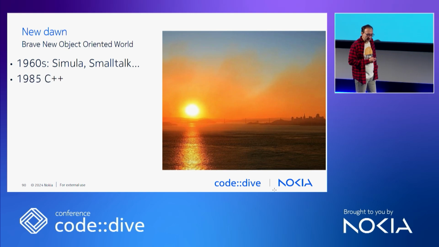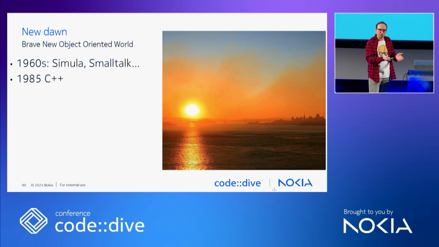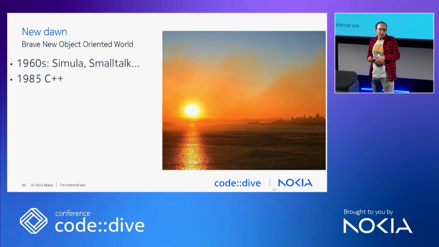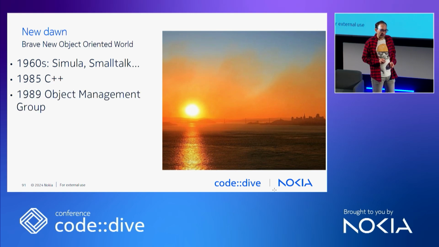But in 1985, the best language in the world, and don't even try to argue with me, was created: C++. And with that, a revolution started. Old languages got support for the object-oriented paradigm. New languages that supported it from the get-go started to pop up. And of course, everybody went on board with this idea.